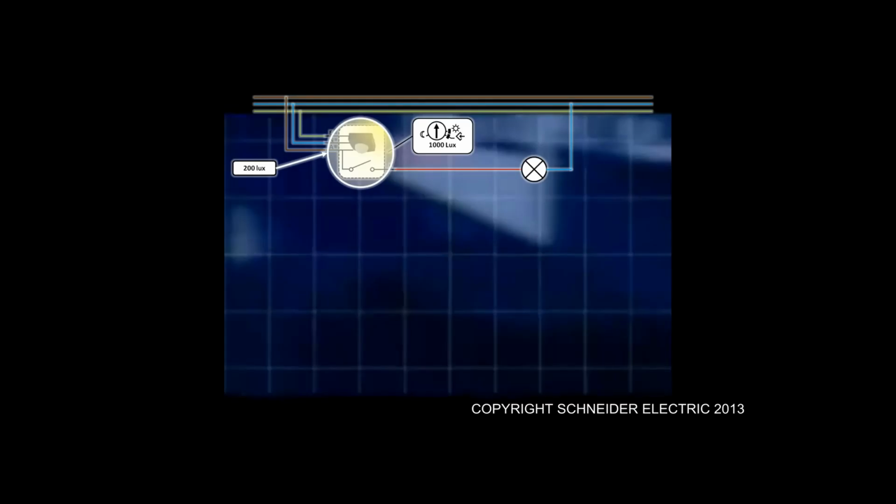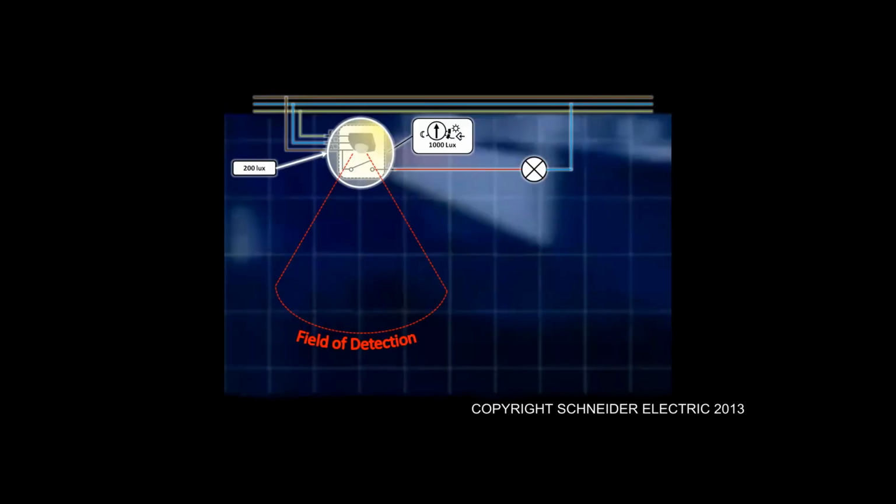Now, what's popped up on this slide is an ambient light level. So this is the light, let's just say, of the room or the environment in which this sensor is actually installed, of 200 lux. Now, if movement is detected within the field of detection, the sensor basically asks two questions.